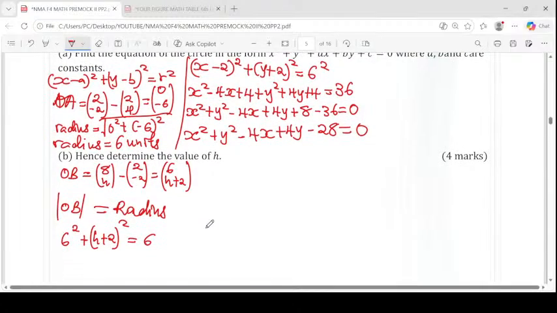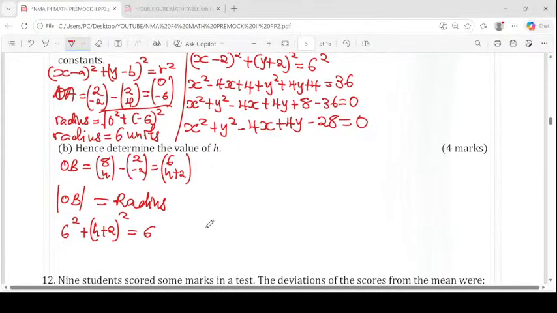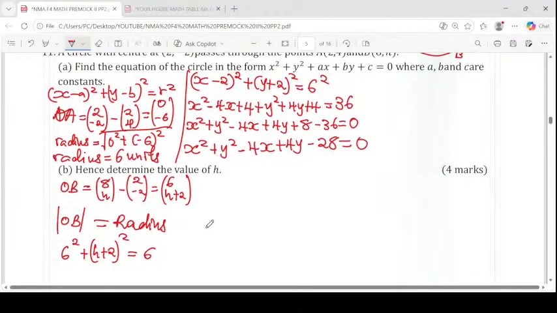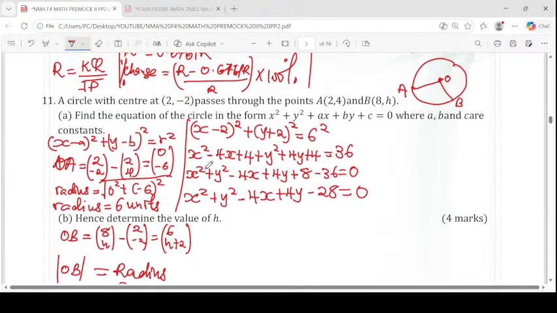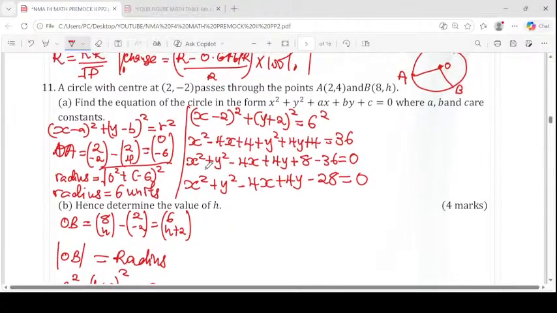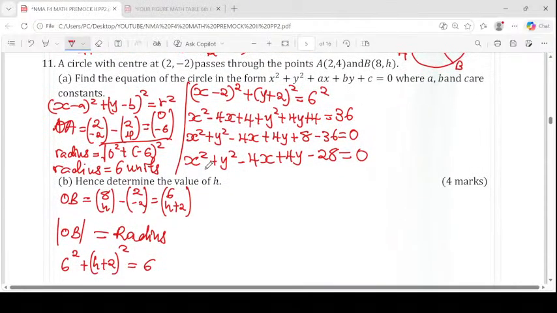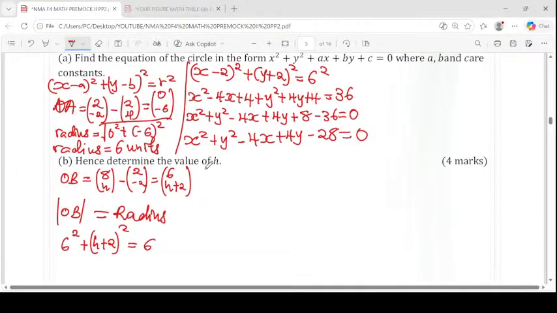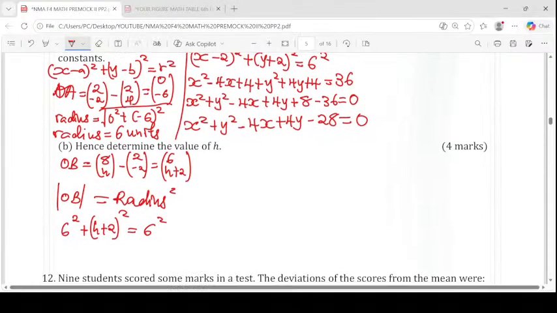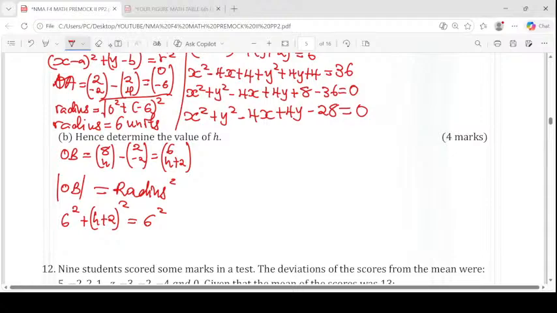I got my OB as (6, h plus 2). This should be equivalent to the radius squared. This one also I should be squaring. Exactly like that.